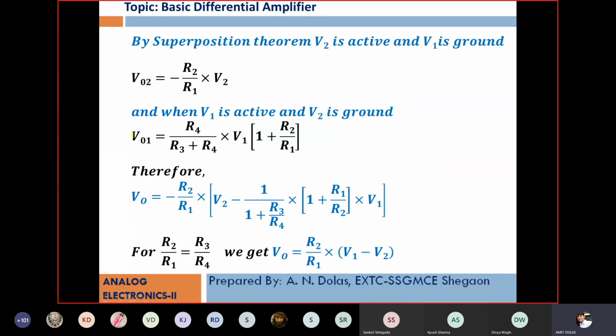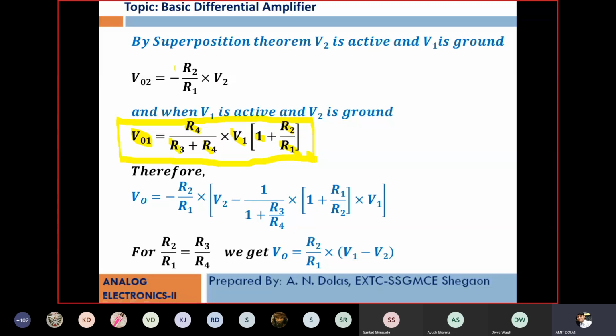Here, VO1, that is the output due to source 1 only, is the non-inverting gain, 1 plus R2 upon R1, multiplied by the voltage at the non-inverting terminal, R4 by R3 plus R4 into V1. So this complete expression is due to source V1.